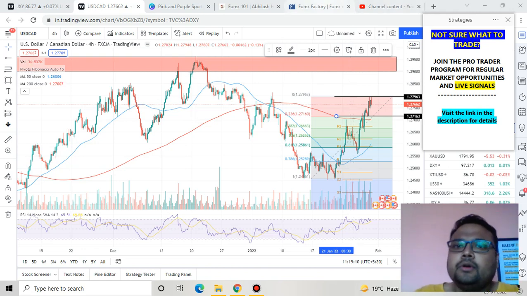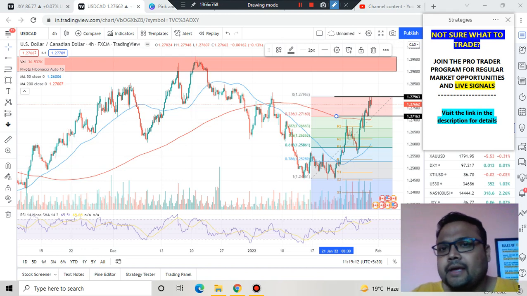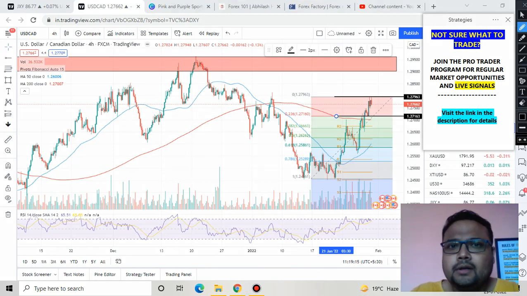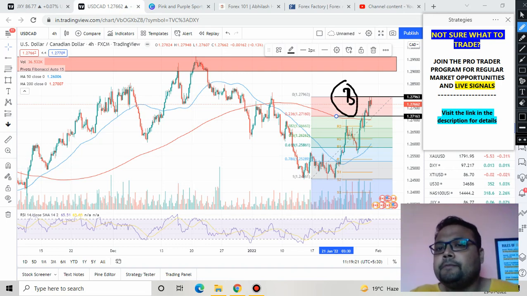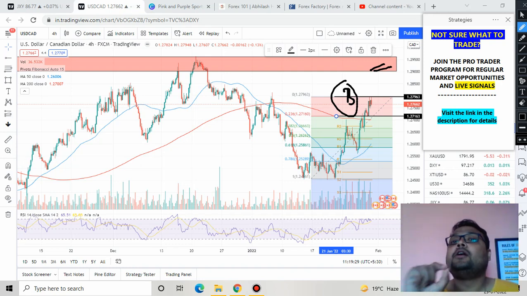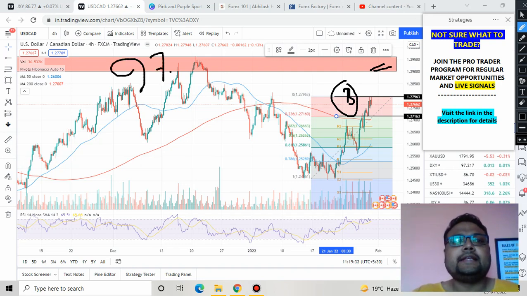If the dollar starts flying, breaking the resistance, then we will see some good buying on USD CAD as well, hopefully, and we can take a buy position here till here. This will be our exit. There is a possibility that when USD CAD is at the resistance, the dollar will be at the resistance as well, the resistance of 97.75.